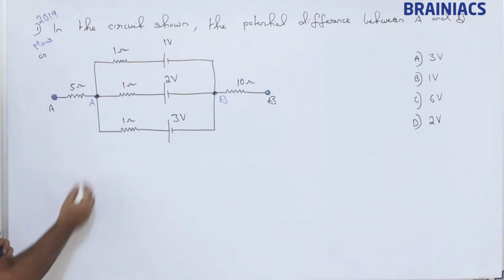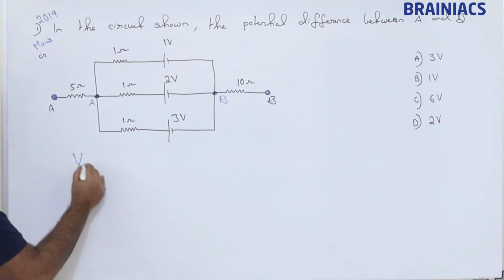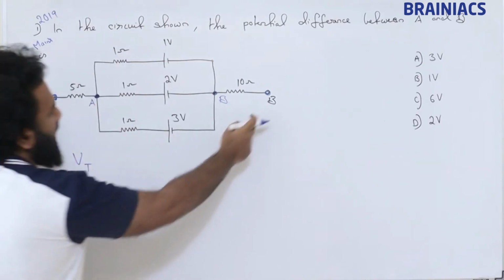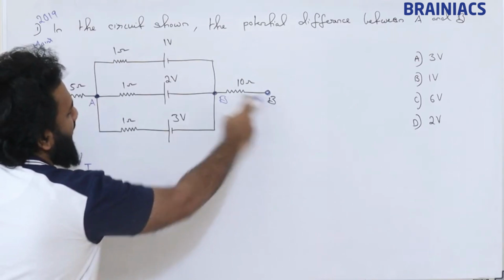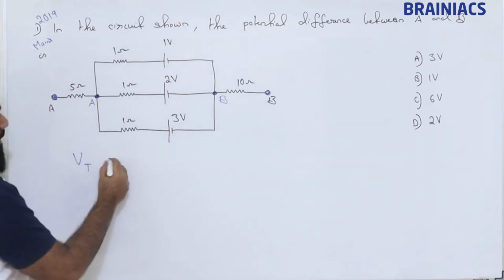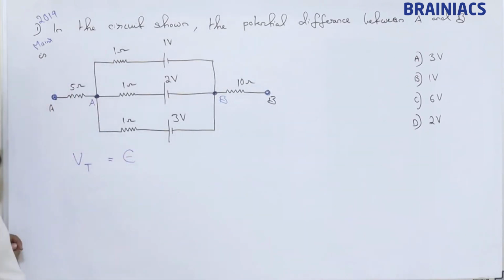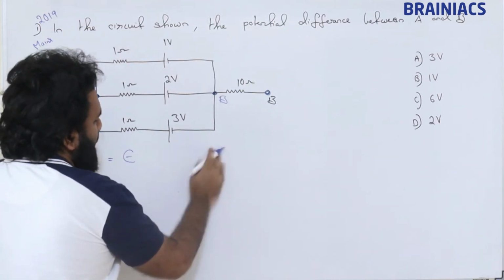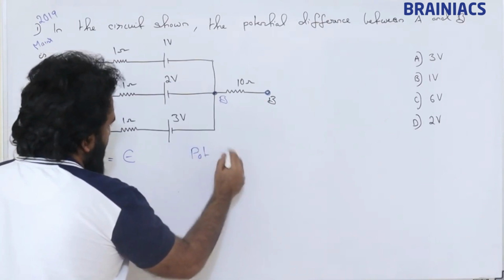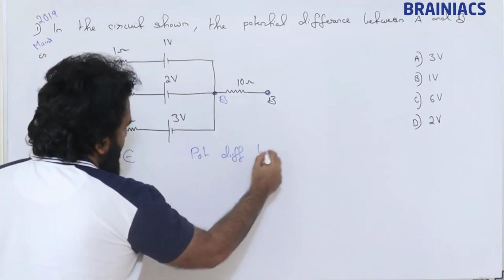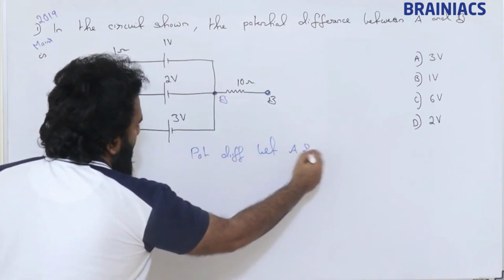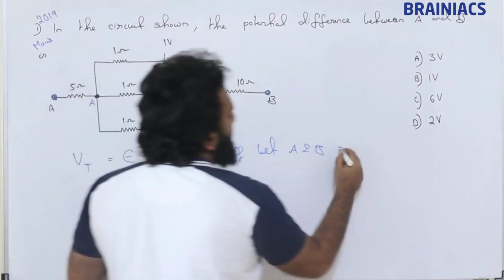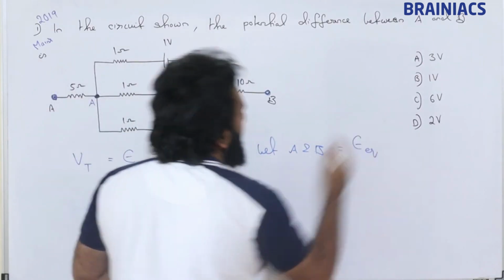So the terminal potential difference they are asking us to find between A and B is nothing but the EMF itself. So the potential difference between A and B is nothing but the equivalent EMF.